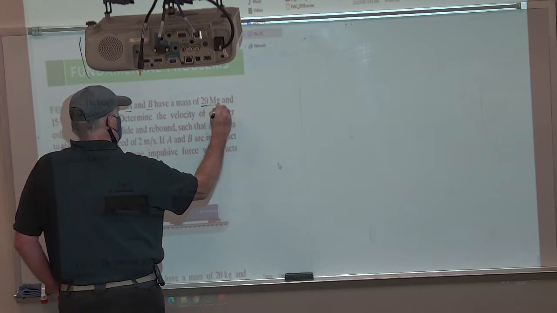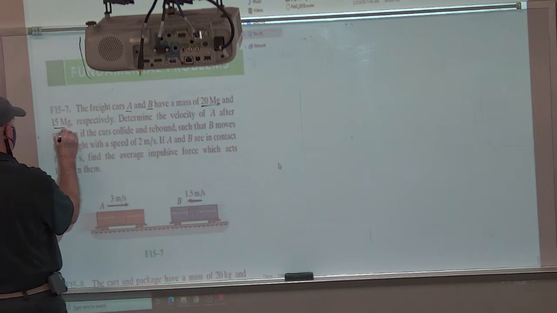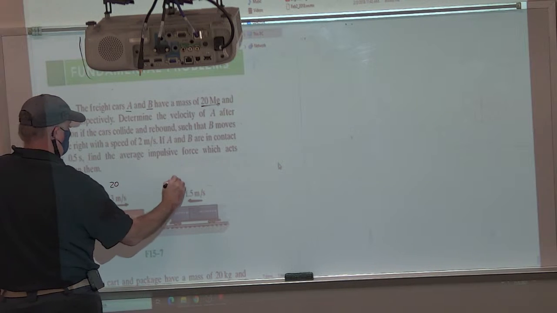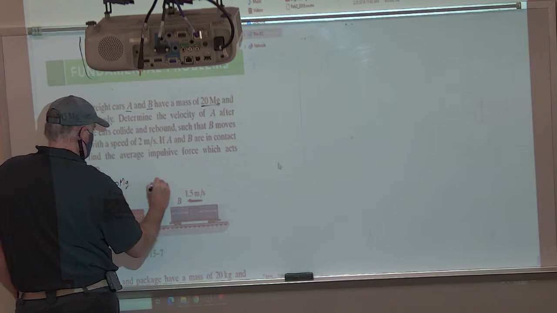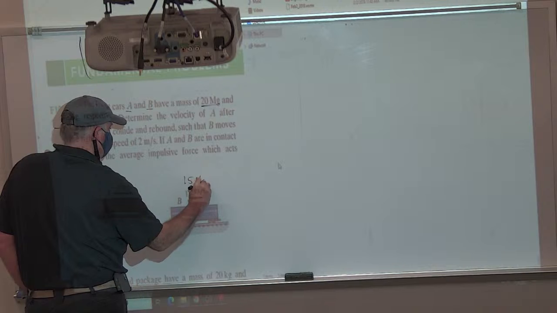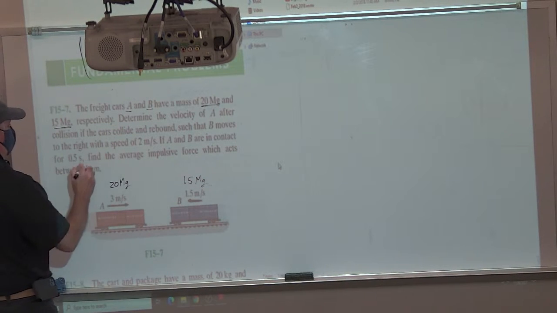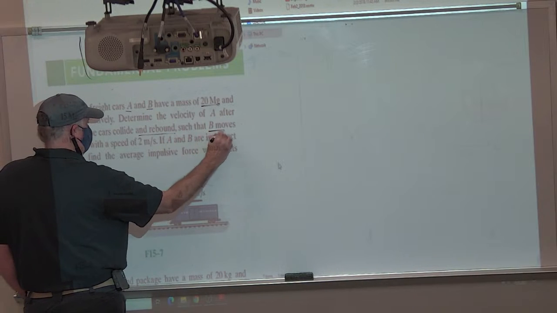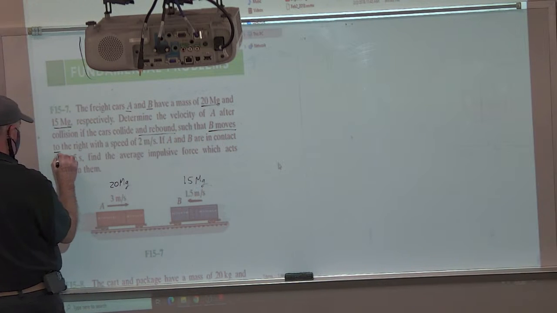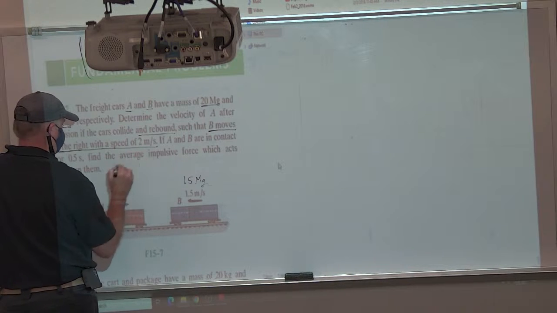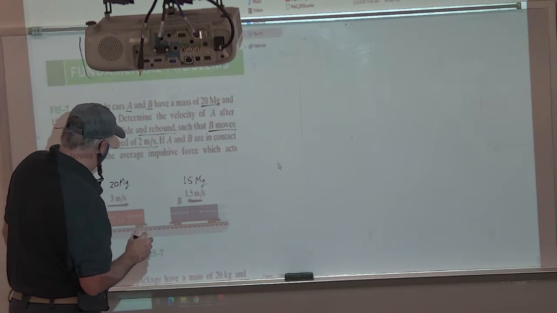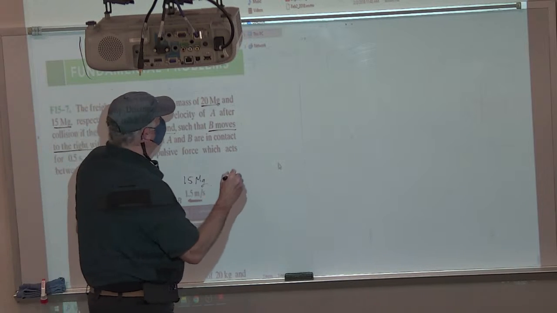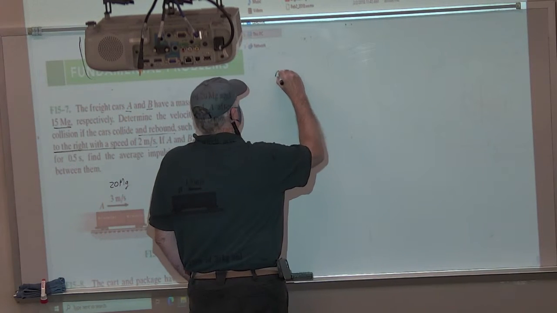Twenty megagrams and 15 megagrams. So this is 20 and 15. Determine the collisions if the cars collide and rebound such that B moves to the right with a speed of 2. So since he's labeling A and B, this is what we're going to do.